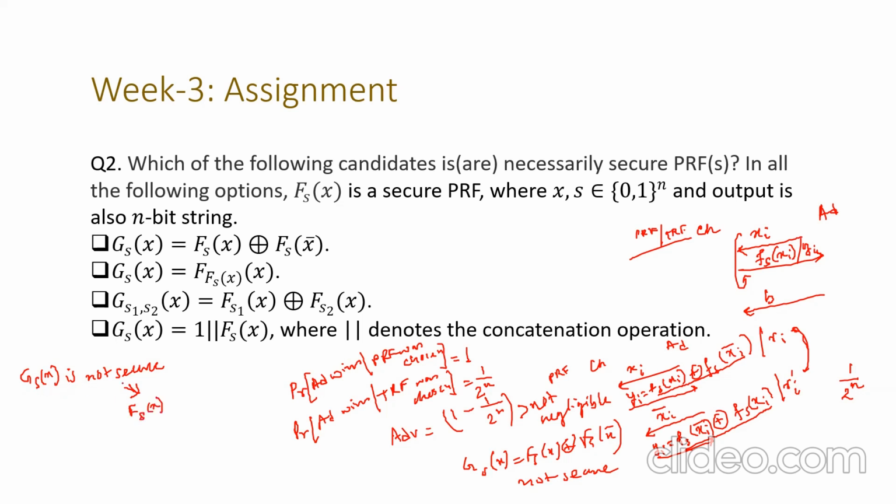So GS of X not being secure will imply FS is not secure. But then we already know F to be a secure PRF, so we conclude that G is a secure PRF.